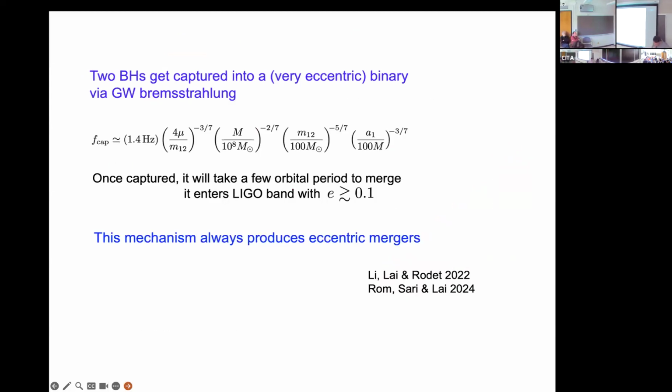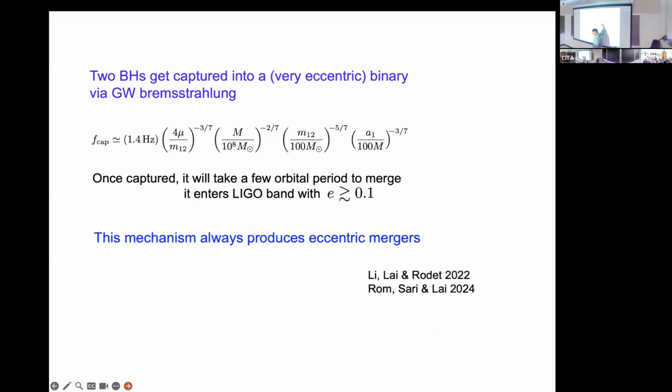Now, carrying on with the story. Basically you have this one-shot capture. At capture, the orbital frequency at the pericenter, if you use typical numbers, for an 8 solar mass supermassive black hole, 100 solar mass stellar mass black holes, and a typical location in the AGN disk.